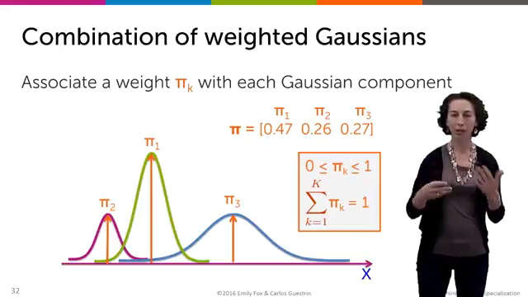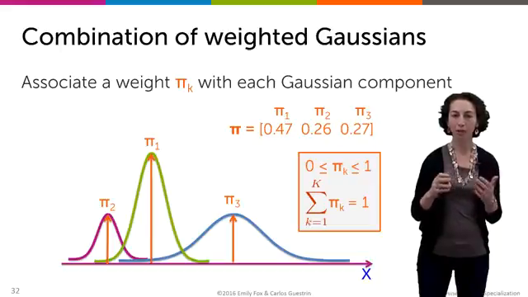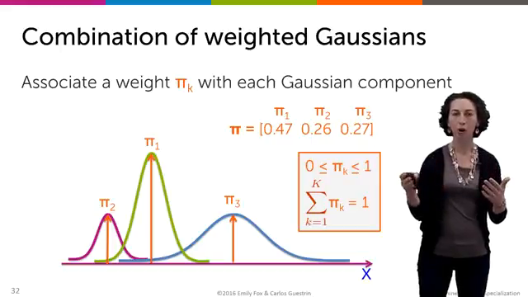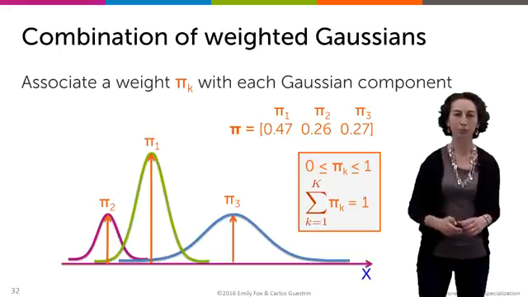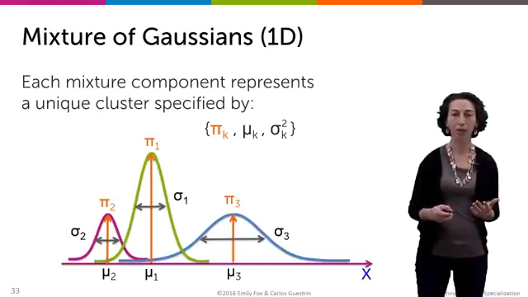Now, when we're looking at this mixture model, because we're doing a convex combination of these individual Gaussians, each of which integrates to 1, then the overall result is still going to integrate to 1, so it still provides a valid distribution.